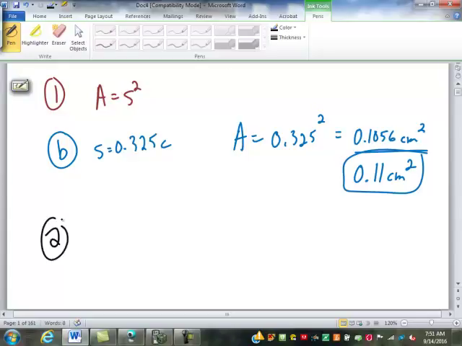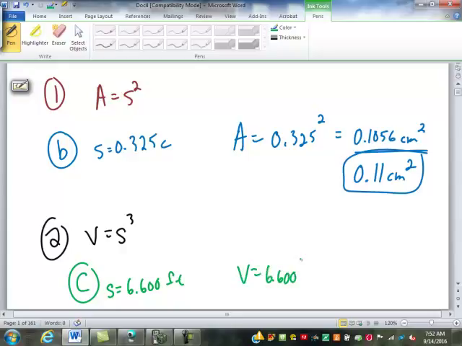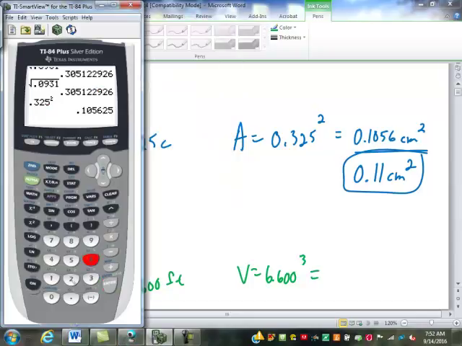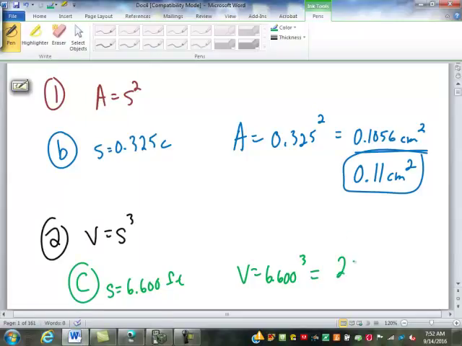Number 2 then is volume. The volume is equal to the length of the side cubed. So let's look at just C for this one. Part C, they're telling you that the side is 6.600 feet. So the volume is going to be 6.600 cubed, which is 287.496.